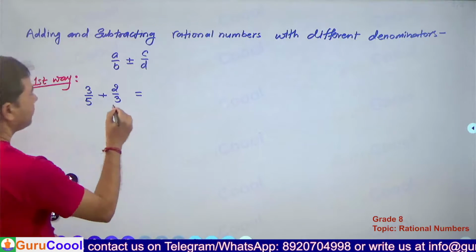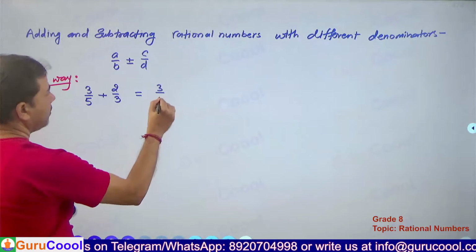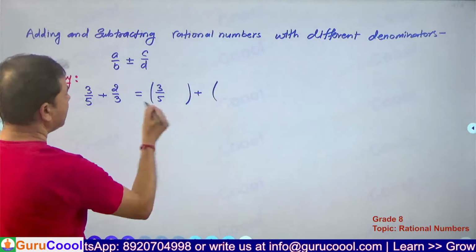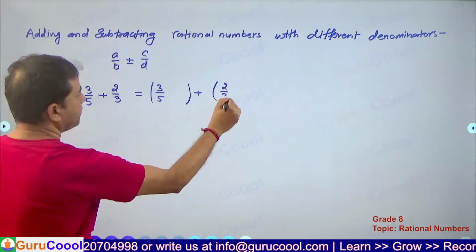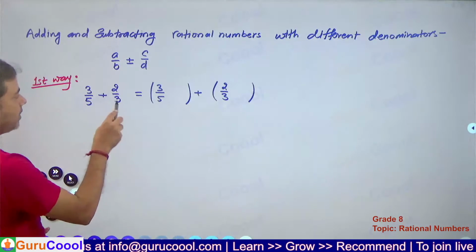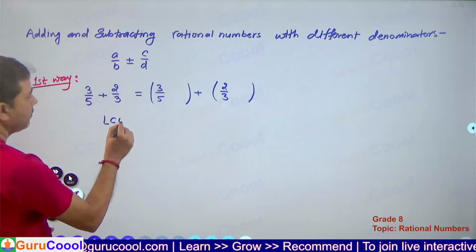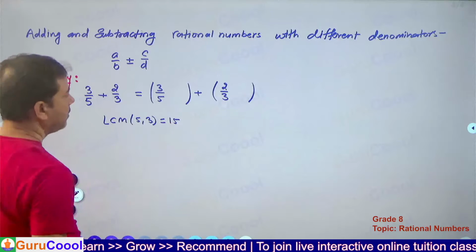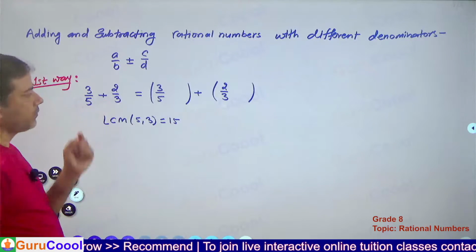How so? The first one is 3 by 5 and the second one is 2 by 3. What is the LCM of their denominators 5 and 3? 15, sir. Yes, 15. So let's make their denominators 15.